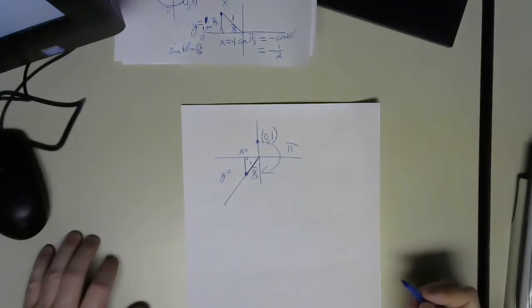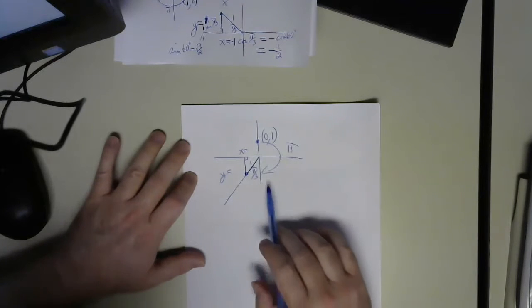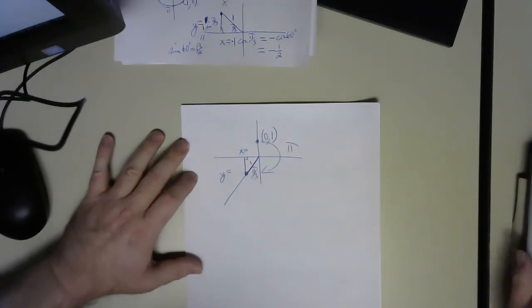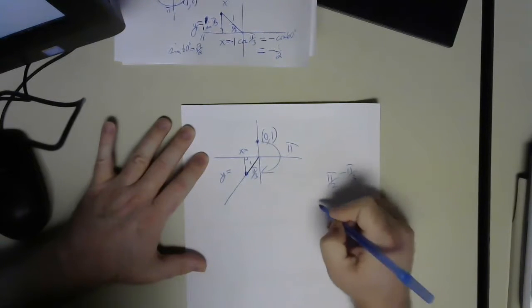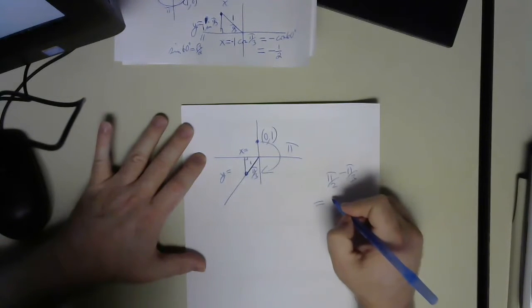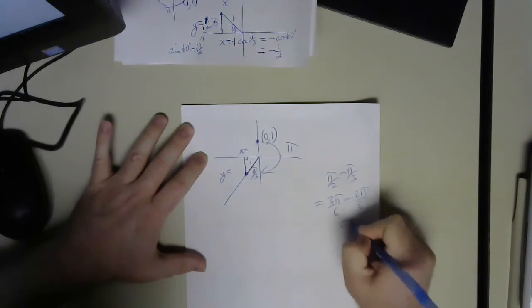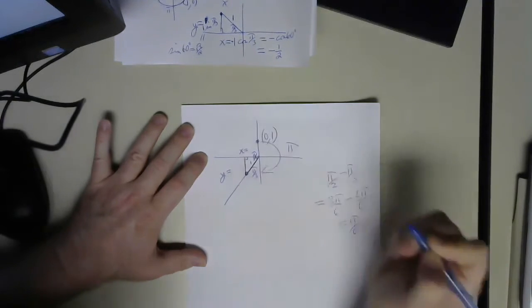So once again, I'm probably going to need to use a little bit of trig. Okay. Well, if this is pi over 3, that's got to be 90 minus pi over 3, or really pi over 2 minus pi over 3. Kind of an involved problem, really. So that's 3 pi over 6 minus 2 pi over 6. That's just pi over 6. So it looks like the angle there, the acute angle, is pi over 6.